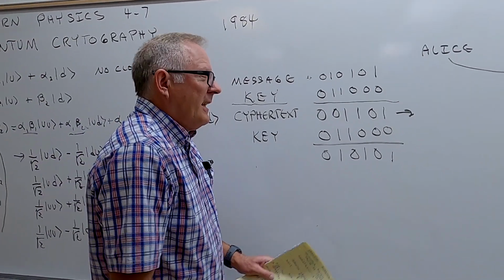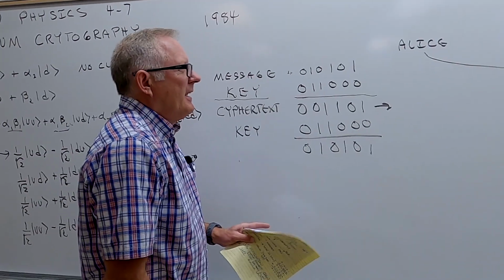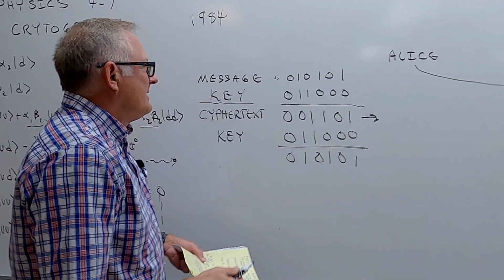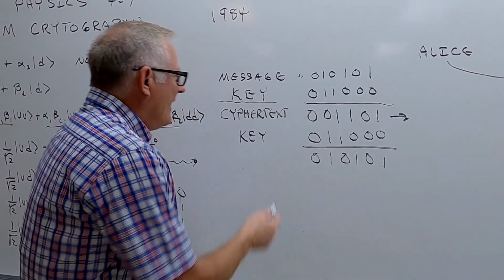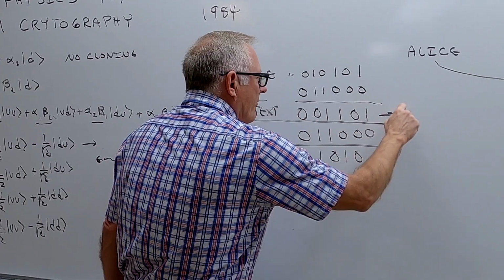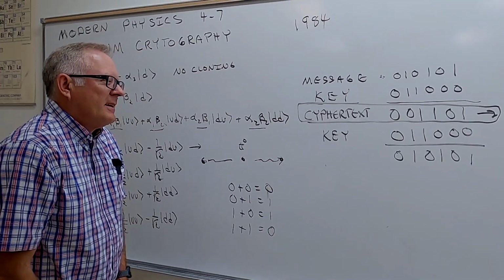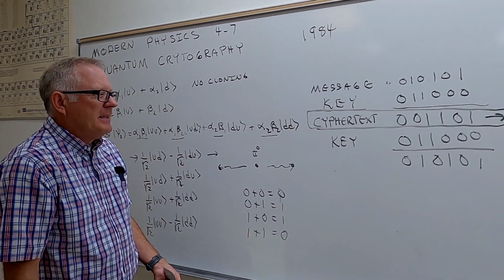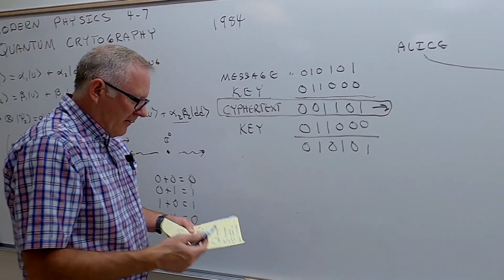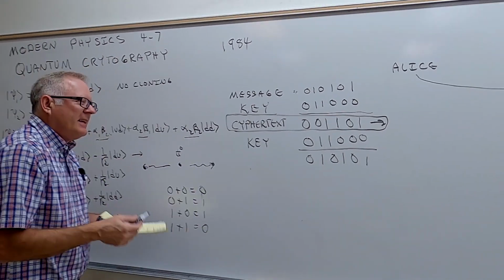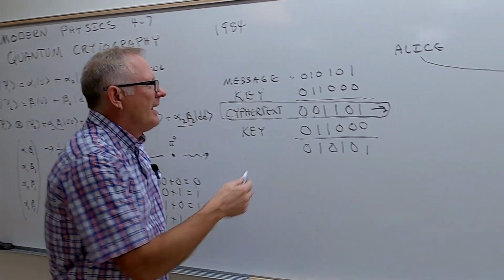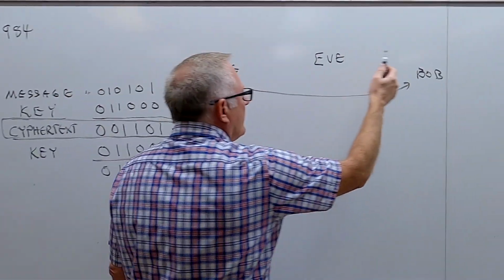The important thing, the thing that really has to be kept secret, is the key. The ciphertext can be public to everyone, because you can't get the message out unless you have the key. So everything comes down to key distribution. How do you get the key to both of these two?